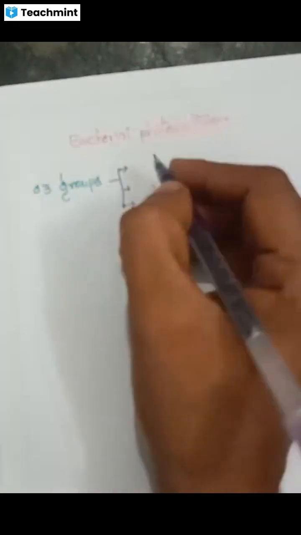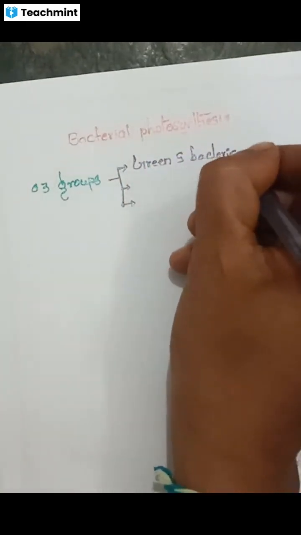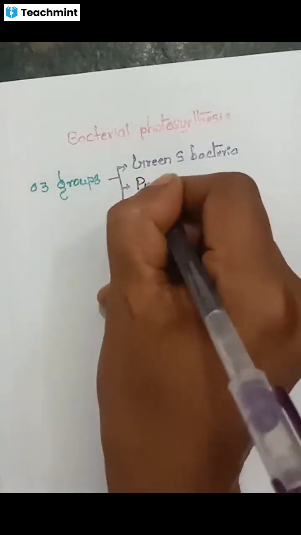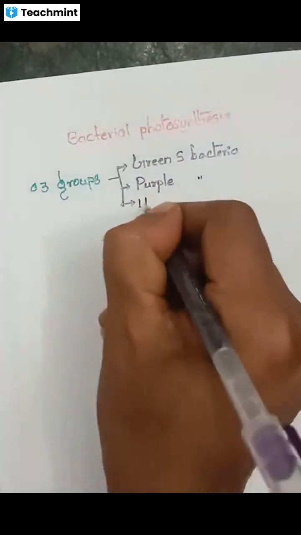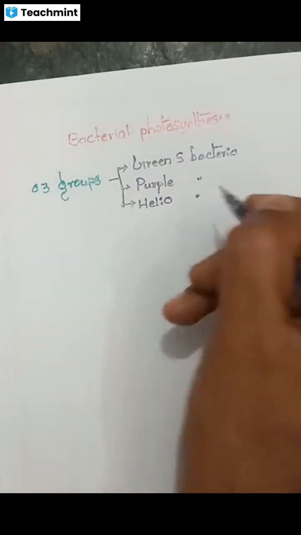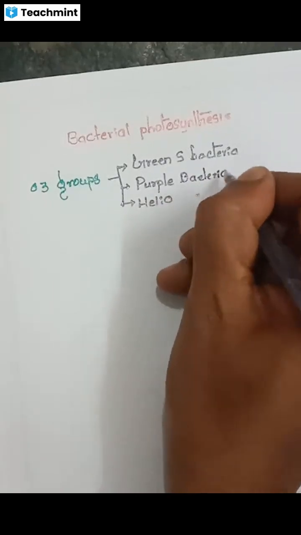They are green sulfur bacteria, next one is the purple bacteria, and third one heliobacteria.